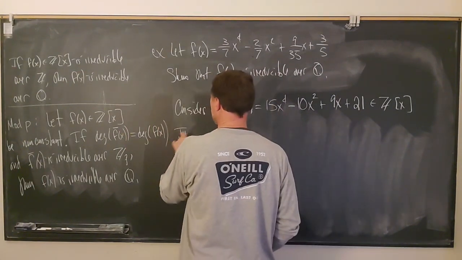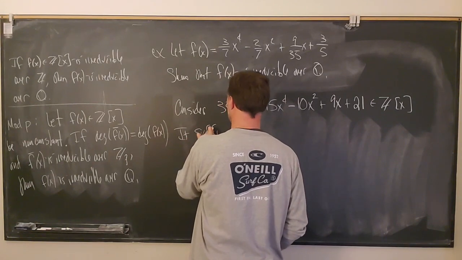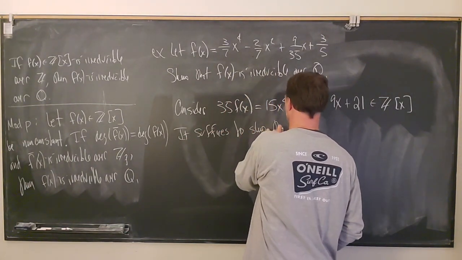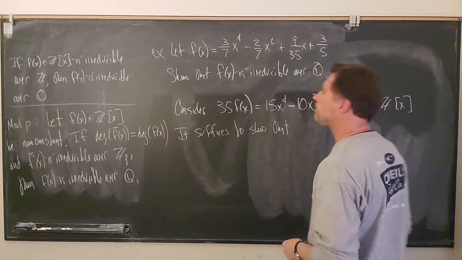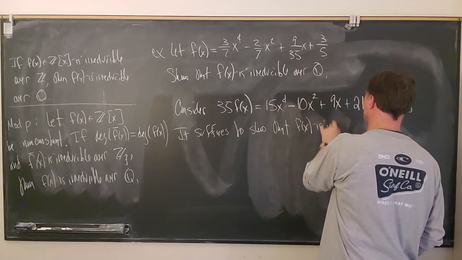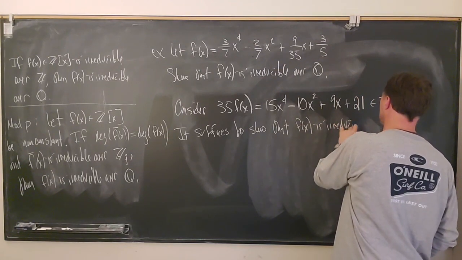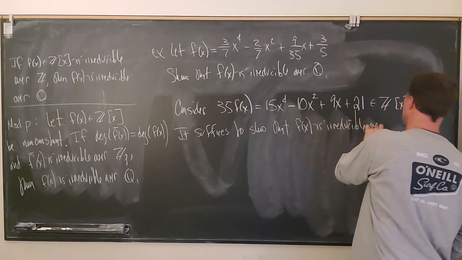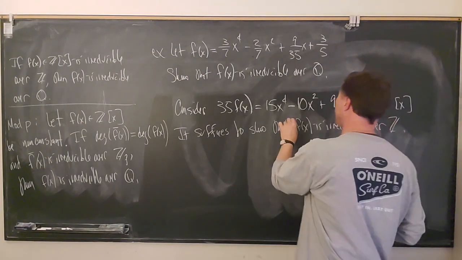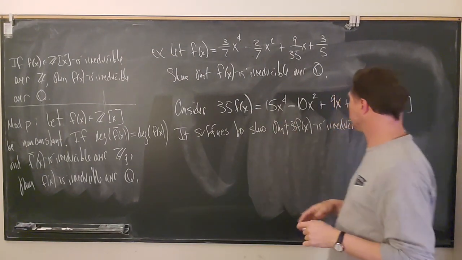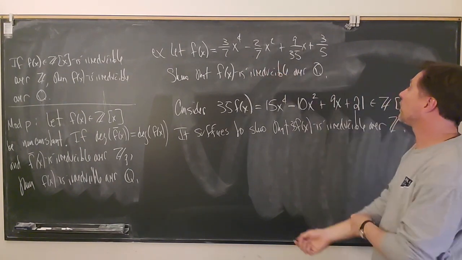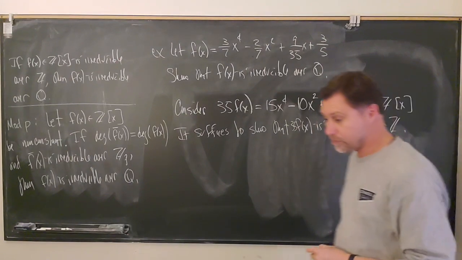So it suffices to show that 35 f of x is irreducible over Z. If I can do that, then we know that the original polynomial is irreducible over Q.